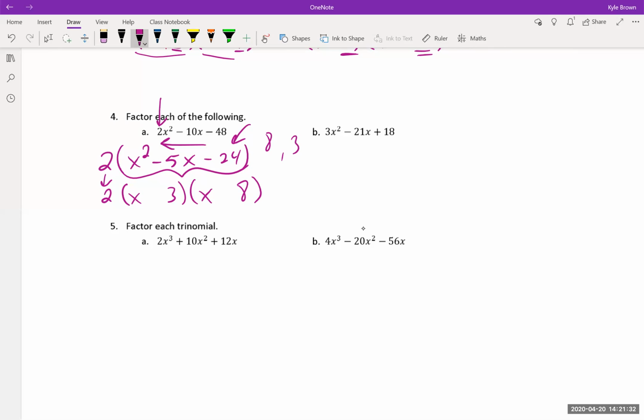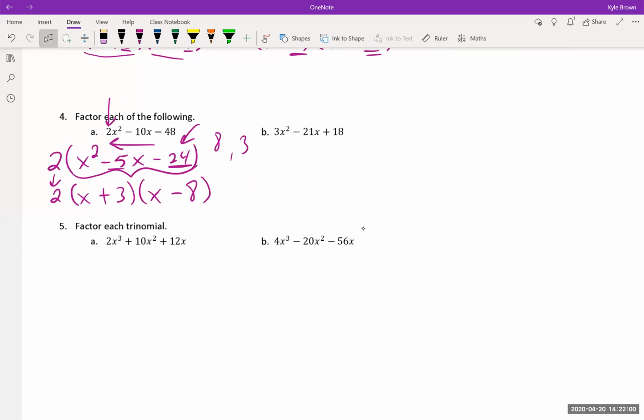Let's say I said this one was negative and this one's positive. That would multiply to negative 24, and that's good. But now I look and say, okay, negative 3 plus 8 is 5, not negative 5. So what happened there is I just did it backwards. So change the sign. This must have been negative 8 and positive 3. Then, yeah, this is negative 24, and those would add to negative 5.